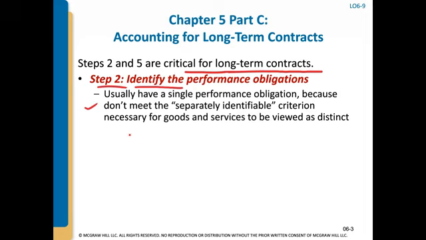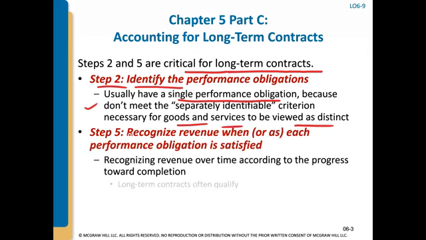Because they all need to be included in order to have the building be complete. You're not going to say, oh, each door is its own distinct good and service that we're going to apply performance obligation criteria to. The entire building is one single performance obligation.